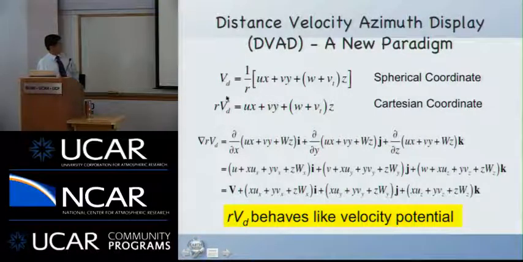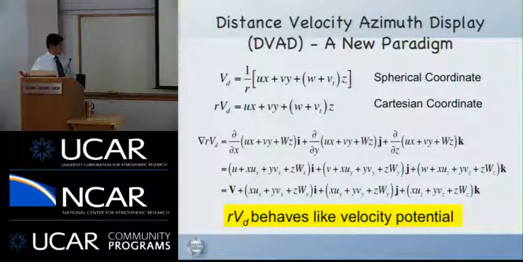If you multiply by r instead, r times Vd is a Cartesian coordinate concept. So you can process r times Vd in x, y, and z coordinates rather than in spherical coordinates. If we take the gradient of r times Vd and do the manipulation, you get the velocity vector plus a bunch of vectors related to the derivatives of the velocity field.